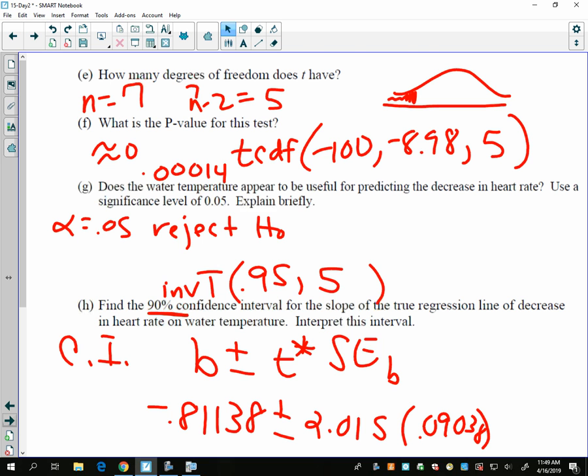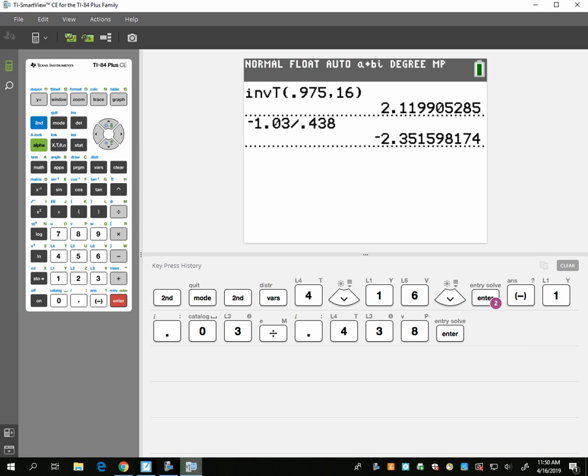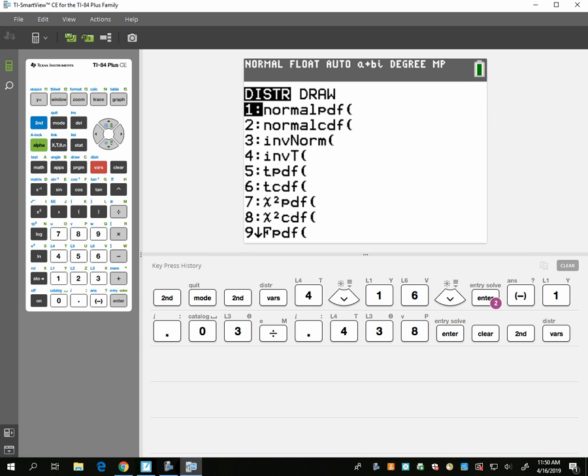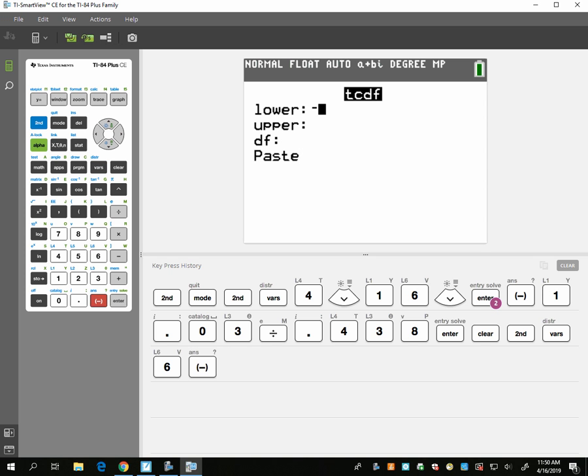So I showed TCDF. Not that you have to do this, but if you don't have the data for this test in your calculator, you can't run an inference test like we did for all the other tests. If you were to try to find the p-value, the null is 0, so the slope is 0. If you do TCDF, the lower would be something really, really low.